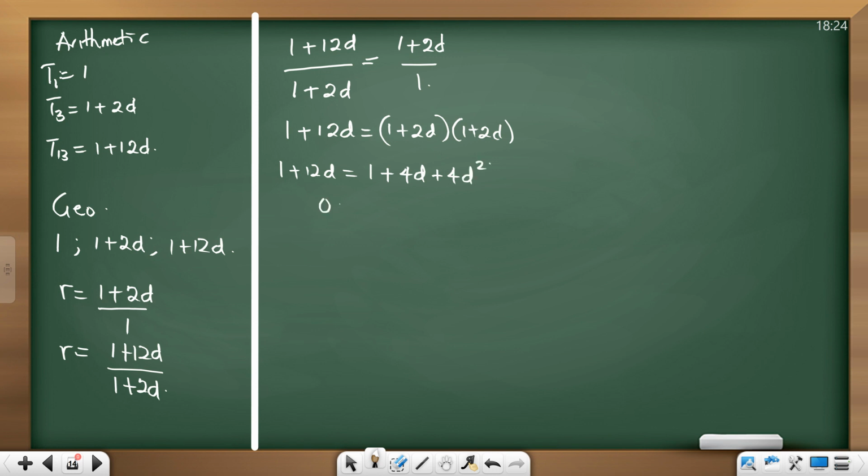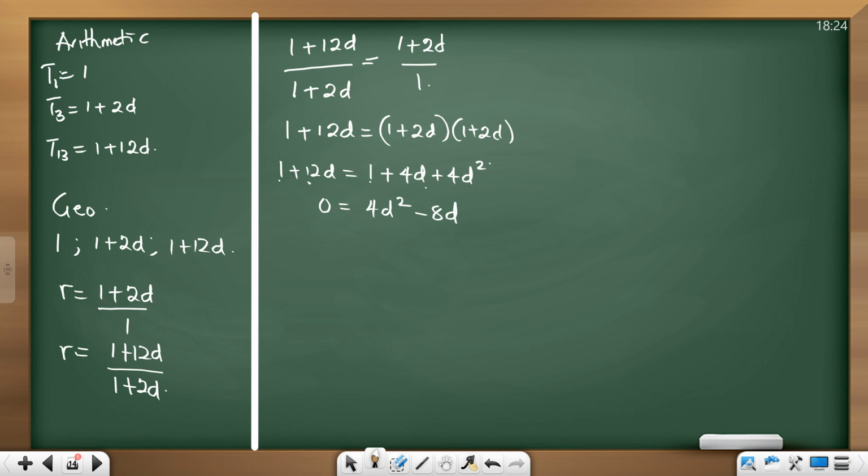Can we move everything over to one side? 4d squared. If I move this 12d over here, it becomes a negative. And 4 minus 12 will give us negative 8d. This 1 and this 1 cancel. Oh, beautiful. Actually makes my life easier.